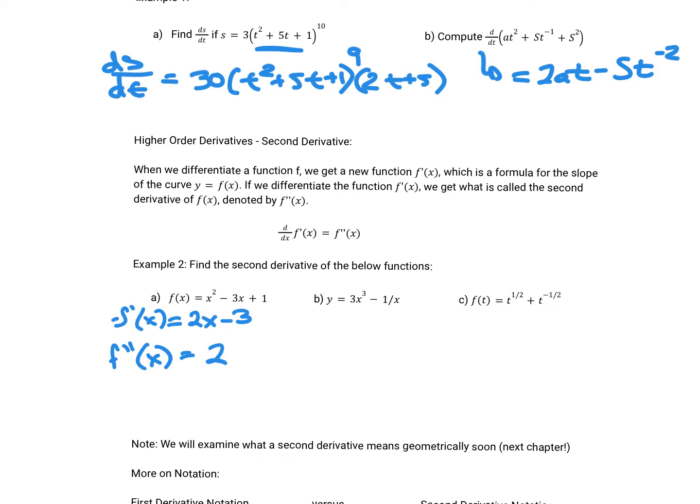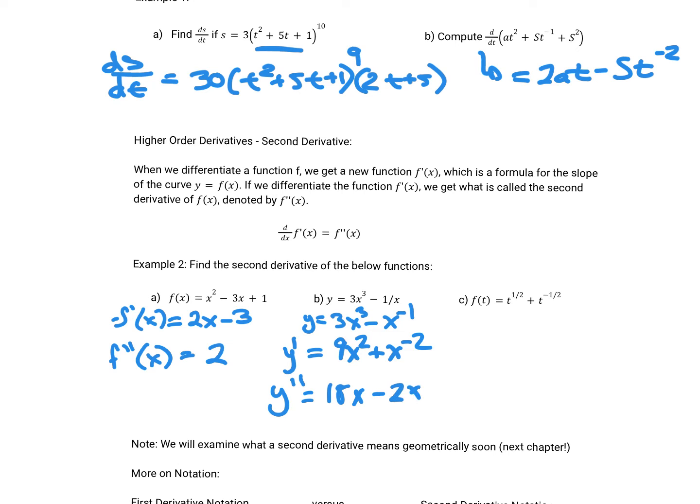Actually, before we do that, let's just rewrite y as 3x cubed minus x to the negative 1. Bring that x up. Now I can do the first derivative using the power rule. So 3 times 3 is 9, 9x squared plus x to the negative 2. And now the second derivative will be the derivative of that, so 18x minus 2x to the negative 3.